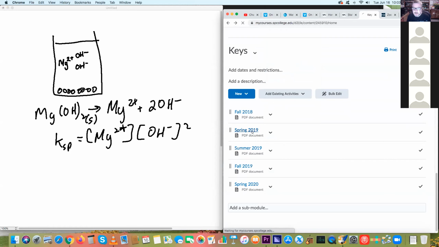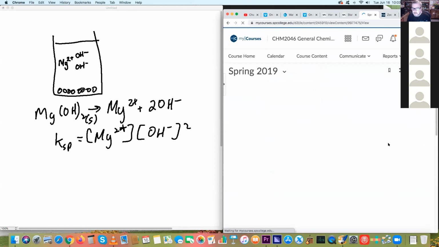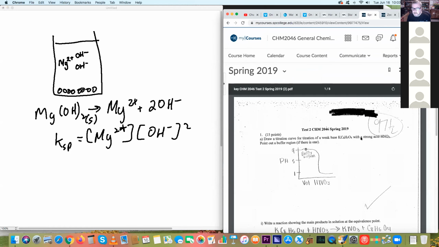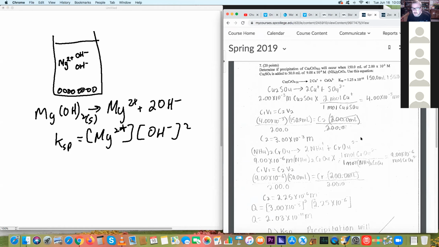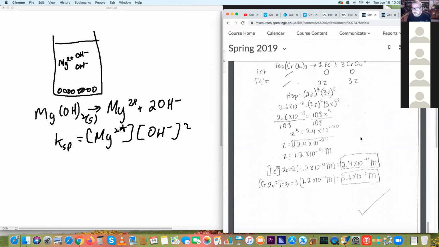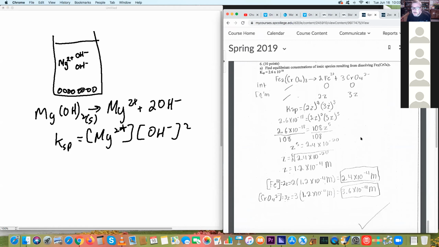Just click on it. All right, so this is a better example that shows values for Z that have coefficients different than 1. So you can see how this works out. We've got 0 and 0 initially, then at equilibrium, we'll have 2Z and 3Z.